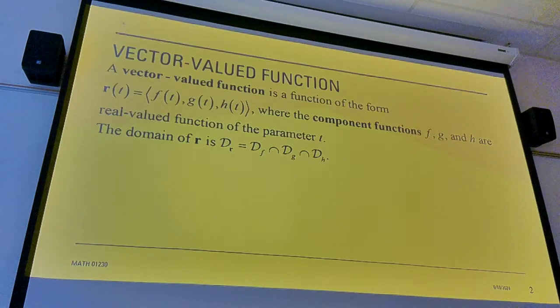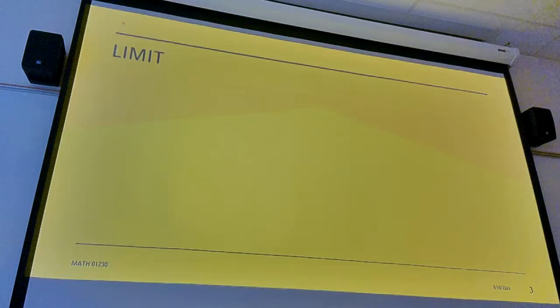We said limit earlier. That was you, right? Ask and you shall receive. Who remembers the definition of a limit? The value of a function as it approaches another value. That's not the formal definition.